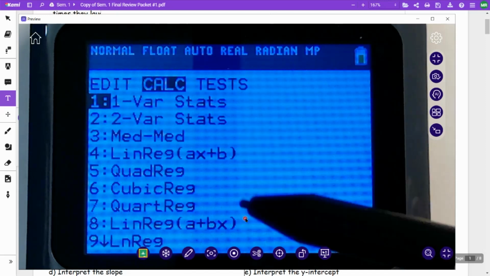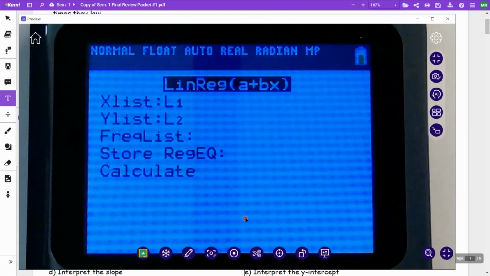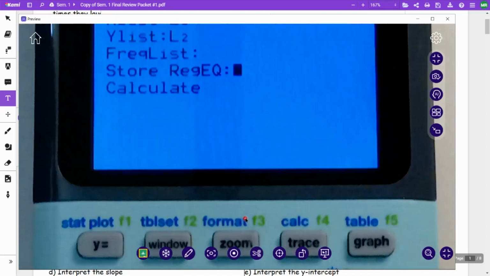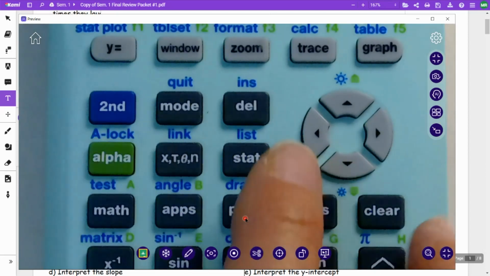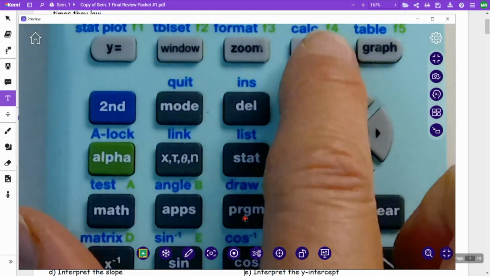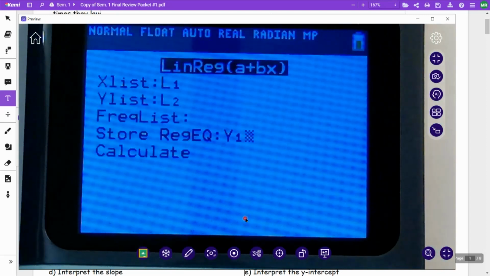So both of these are choices. I'm going to be picking number 8. And I'm going to make sure to store my equation. And to store my equation, I stop at store regression equation. I press the green alpha button and the trace button for the green F4. That's what I'm looking for. And I'm going to save it into Y1.